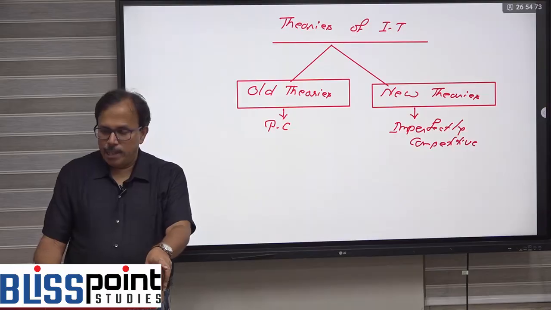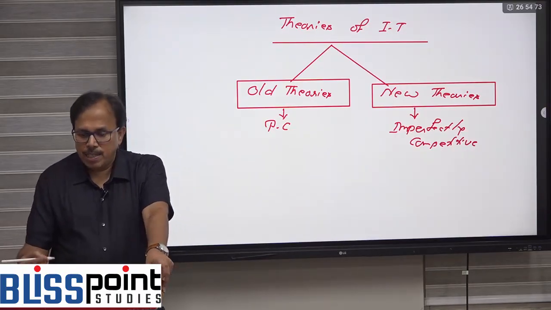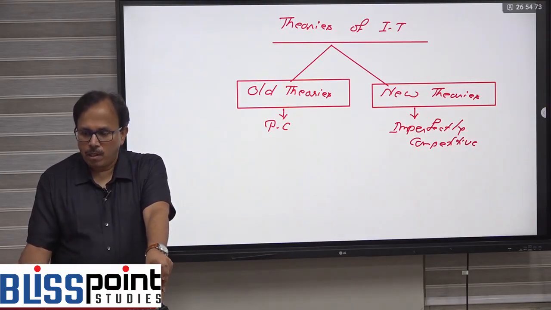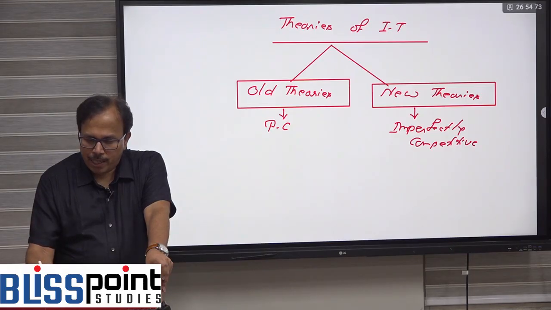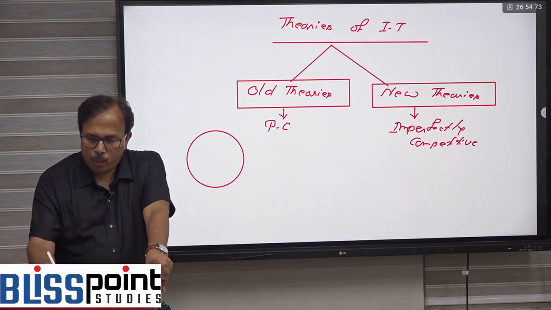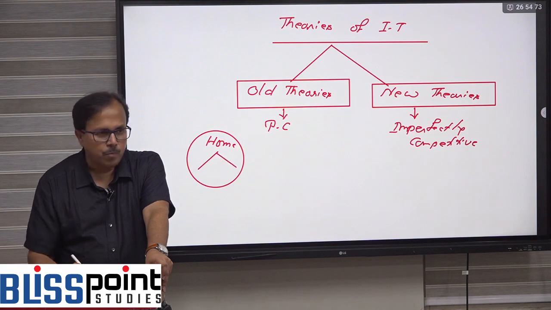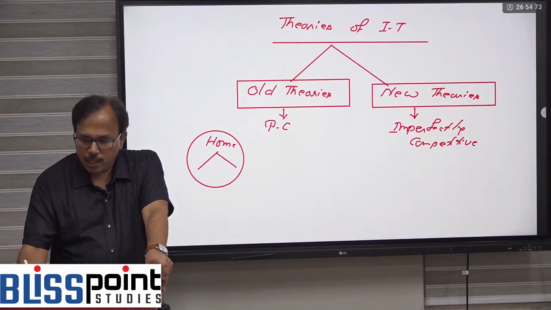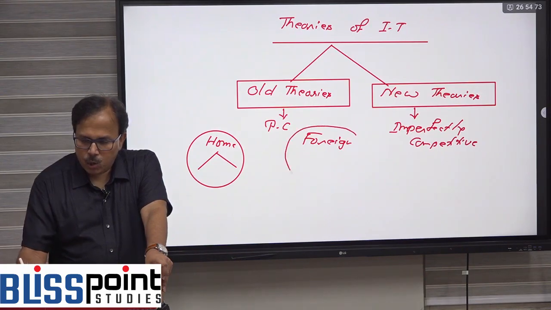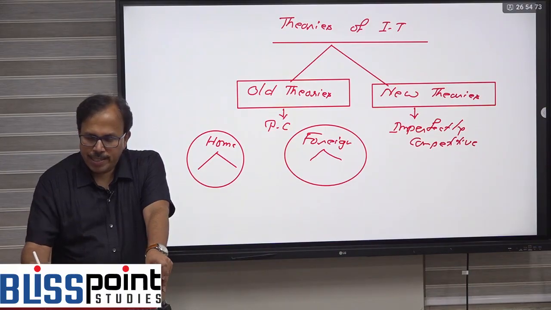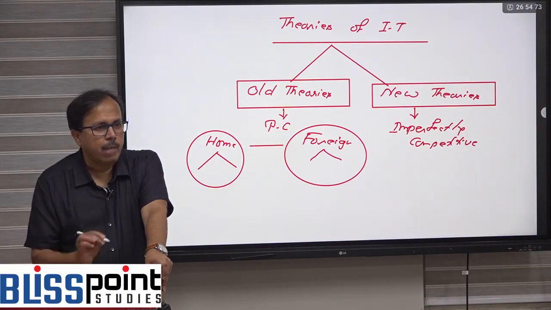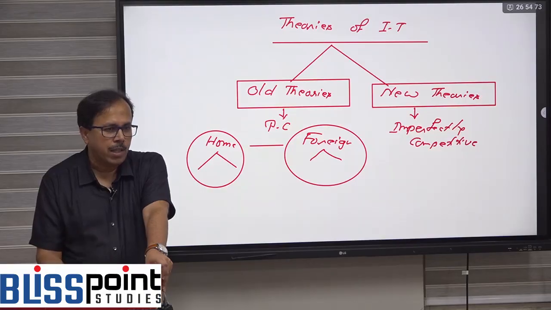So when we talk about the trade between 2 different countries and we say that the market is perfectly competitive, suppose we are referring to the market in the home country, and home country is producing 2 different products, one is cloth, other is food. Similarly, in the foreign country, there are two industries, cloth and food. So if I discuss trade between these two countries, then what will be the nature of trade?